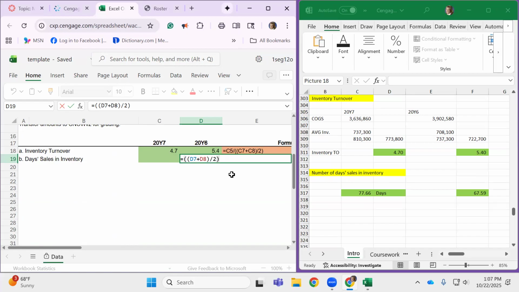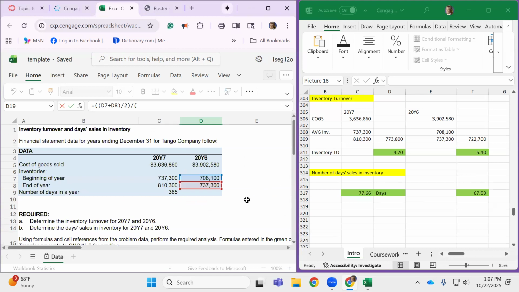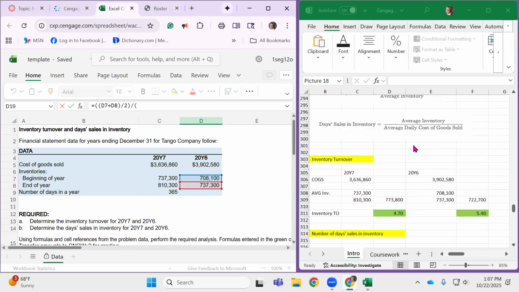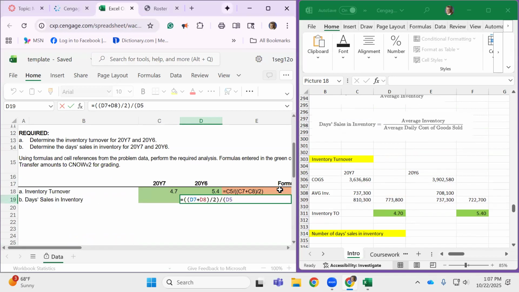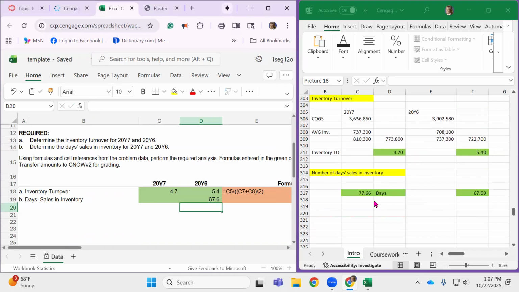All right, and then we're going to divide this whole thing by the average daily cost of goods sold. So if this is your cost of goods sold divided by 365, hey, 67.59. Okay, so I don't know if they want 1 decimal or 2. I have to go look.